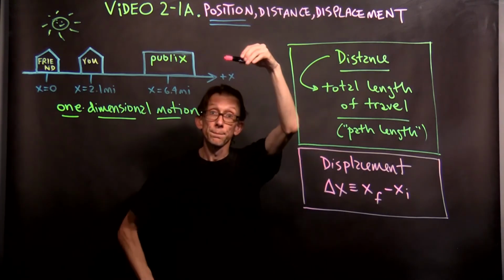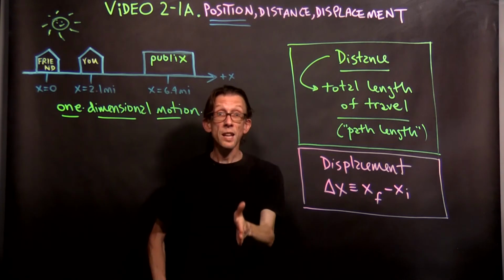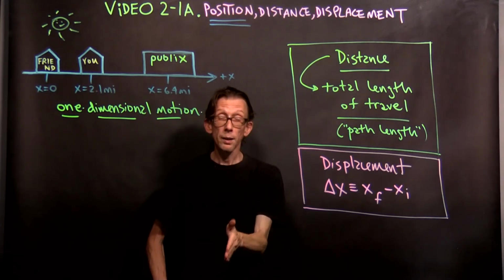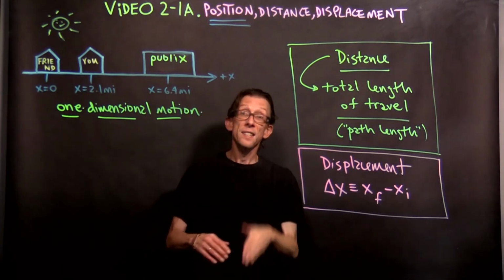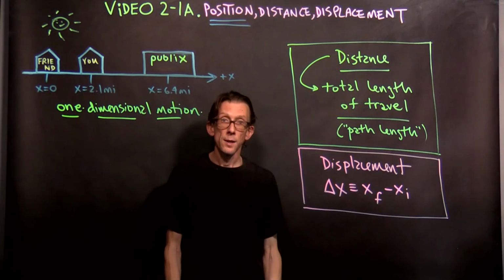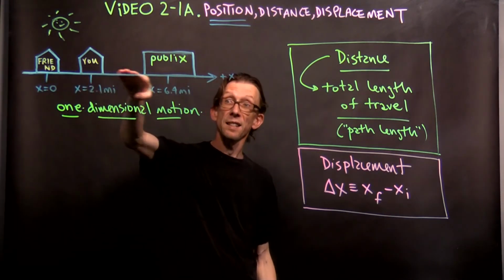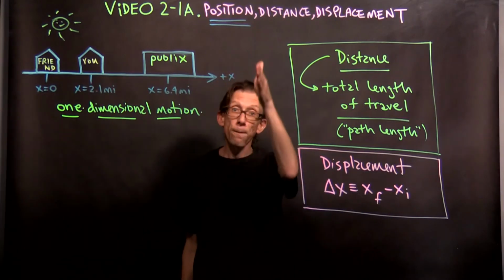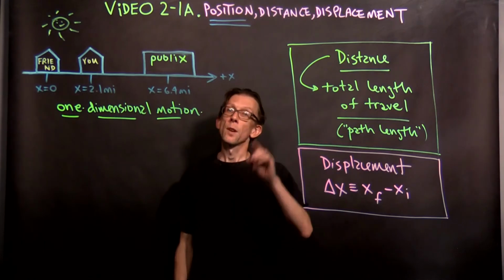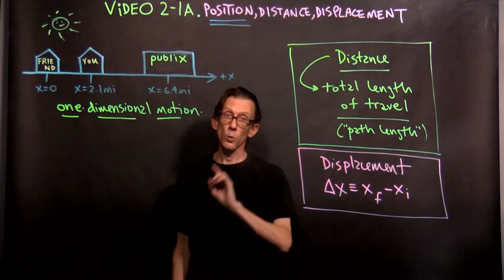When I take my pen and I drop it, it falls in a single dimension. We call that vertical dimension y, right? But it's moving down along a single one-dimensional axis. So both you walking to your friend's house, you walking to Publix, that's in the x direction, and my falling pen, that happens in the y direction, but both of these are examples of one-dimensional motion. And that's what we're talking about.